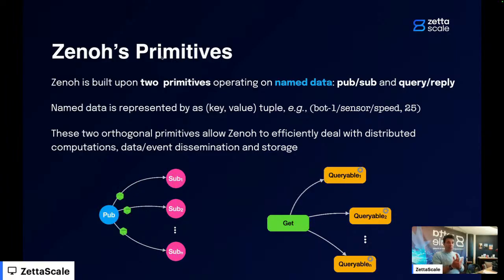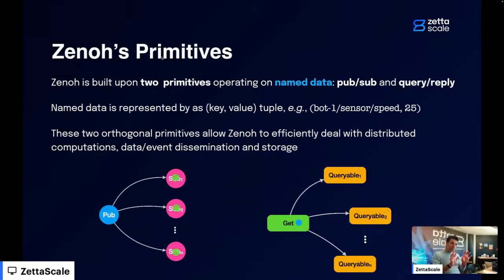These 2 primitives are orthogonal, and they are implemented very efficiently in Zenoh. And essentially, those are all you need to build distributed systems, where you usually need to deal with moving data around, querying data, so storing and eventually querying data, and dealing with computations, okay?